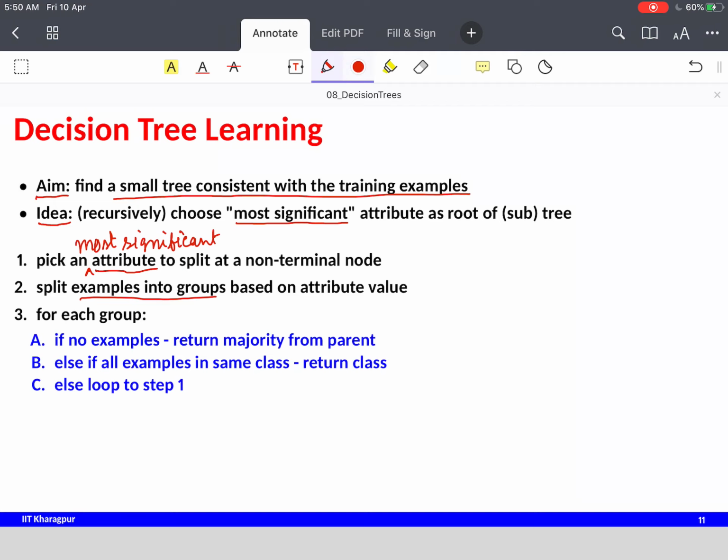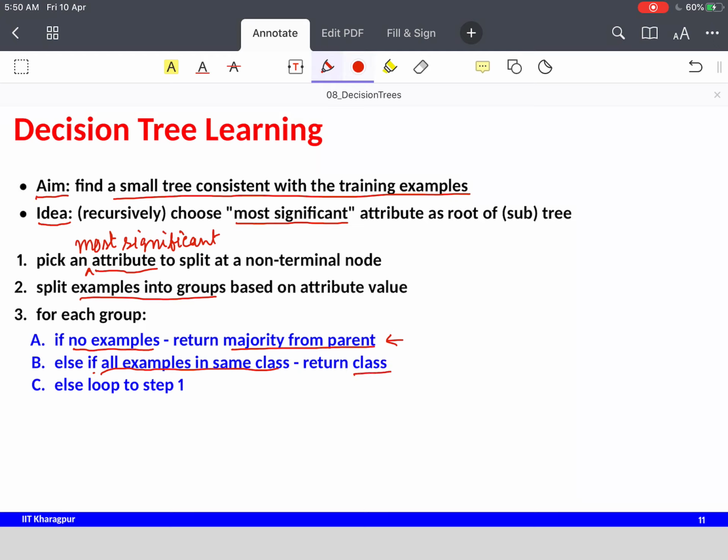Now for each group we would like to do a certain operation. If for a group no example is present, then we would like to return the majority from its parent. This is just a way to break the tie, because I do not have any examples for a particular class, so I need to resolve some kind of a tie.